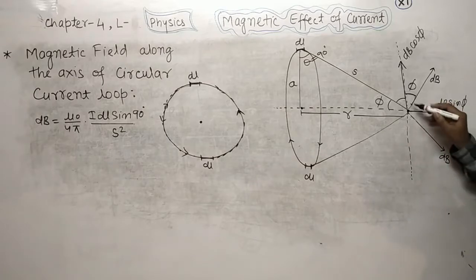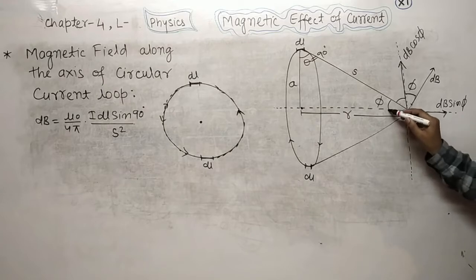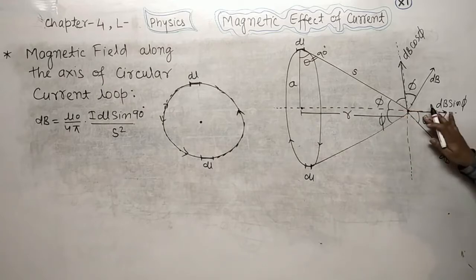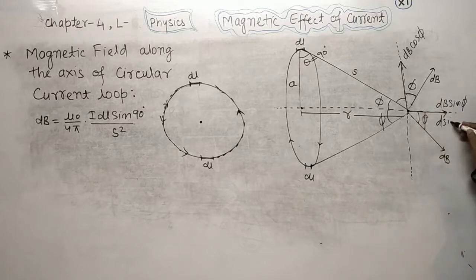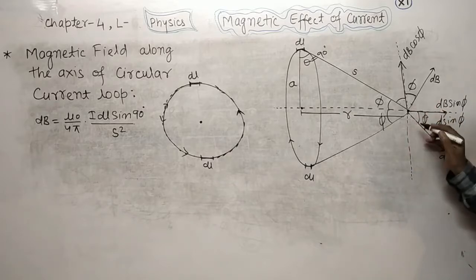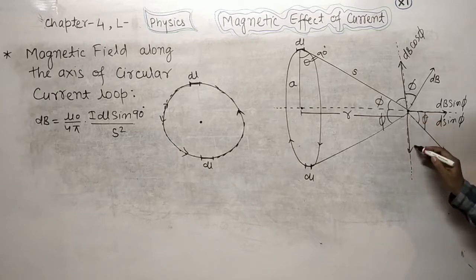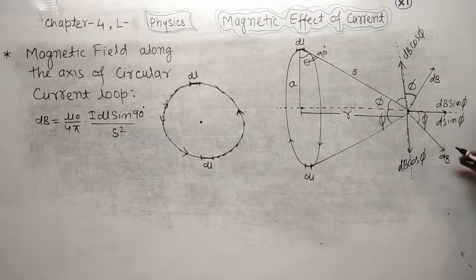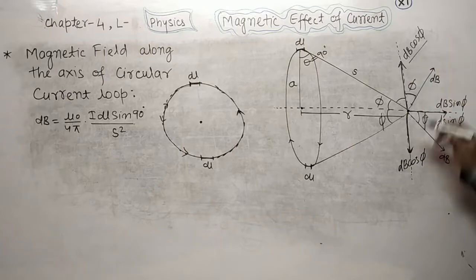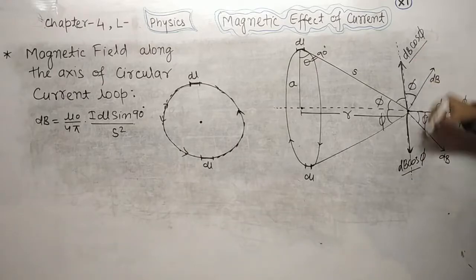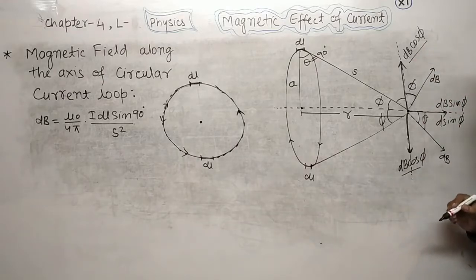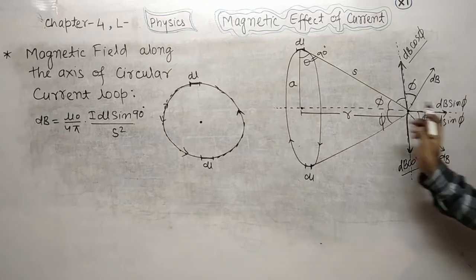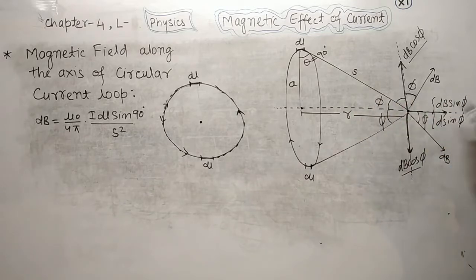Resolving the other vector again gives dB sin phi and a vertical component dB cos phi. This is the downward direction and this is the upward direction, the same dB cos phi, so the vertical components will cancel out, and the horizontal components along the axis will add up.